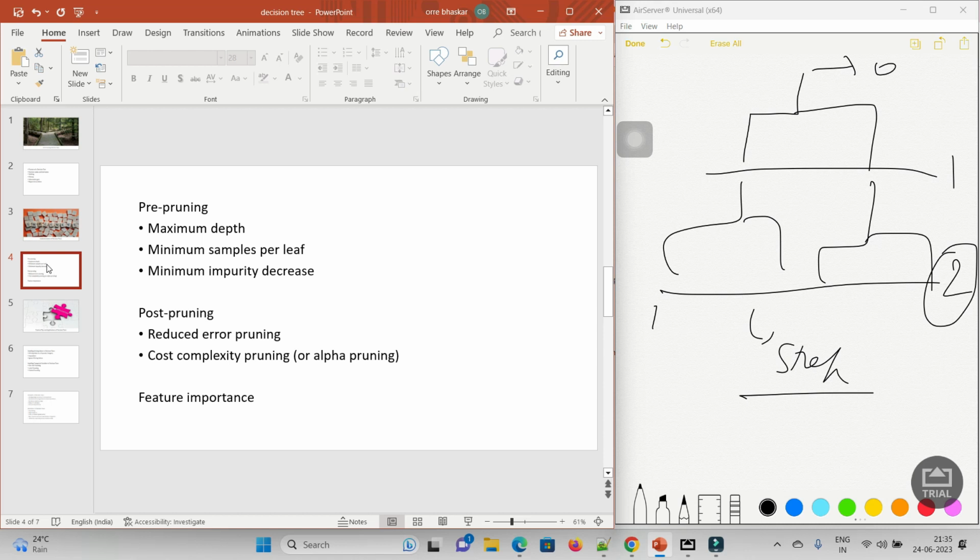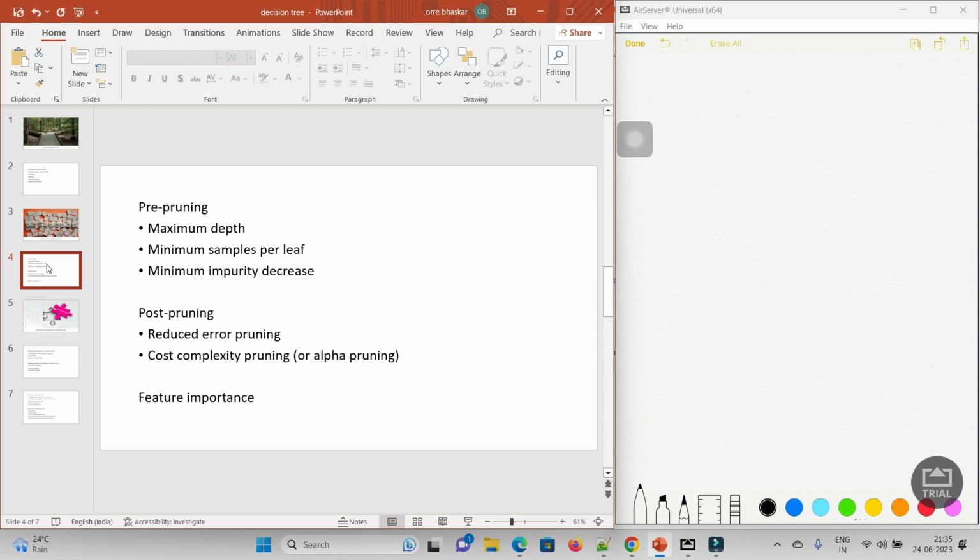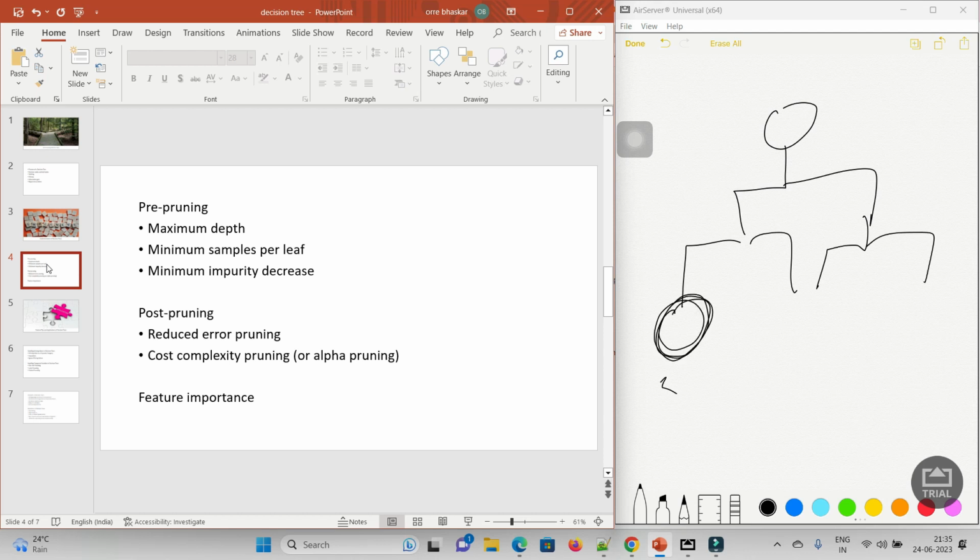Next is minimum samples per leaf. Let's take the same example: root node, we have subtrees, and let's take an example of 3 positive, 4 negative. We have 7 points, 3 positive and 4 negative, so the number of samples is 7. That means we can set a threshold.